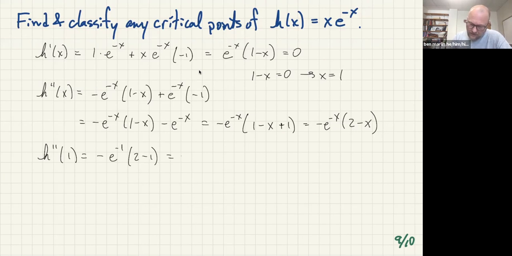So we end up getting minus e to the minus 1. So about negative 0.35-ish. But the main important thing is it's negative. So x equals 1 is a local, I have to think about this. It's negative. So you think about that figure with the sleepy eyes and it was sad. So this is a local maximum.